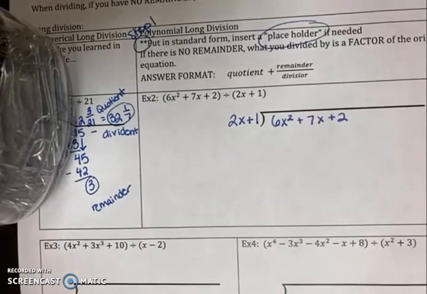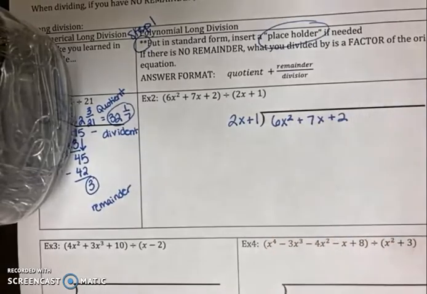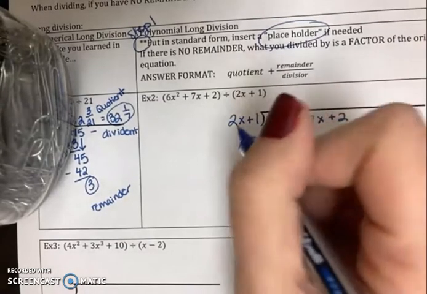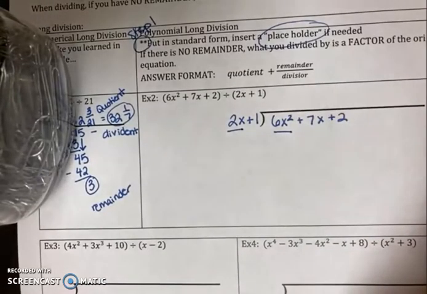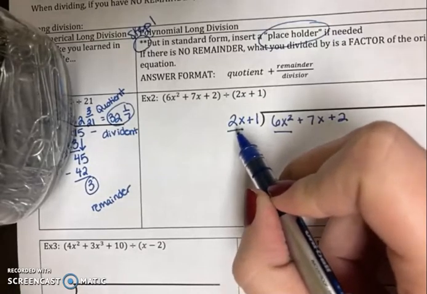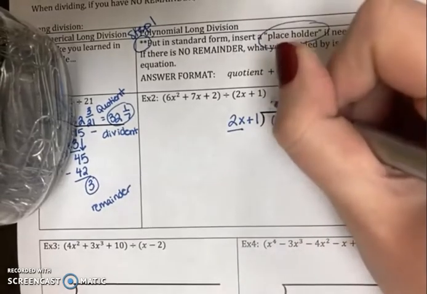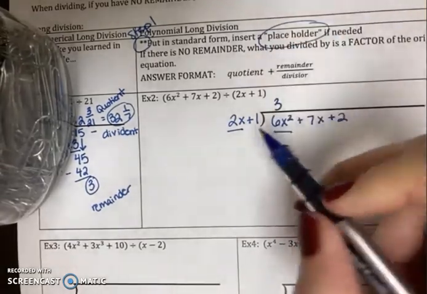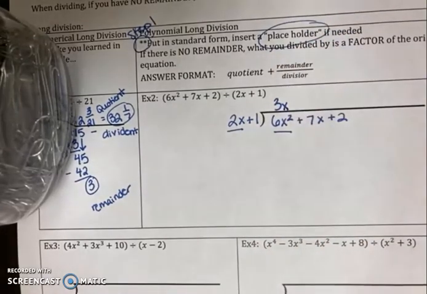It's the same idea where we're asking ourselves, how many times can this go into this one? Well, in order to do this, I need to ask myself, what can I multiply the 2x by to get this? Okay, I would multiply 2x by a 3x to get 6x squared. See how 2 times 3 would give me the 6, and x times x would give me that x squared.